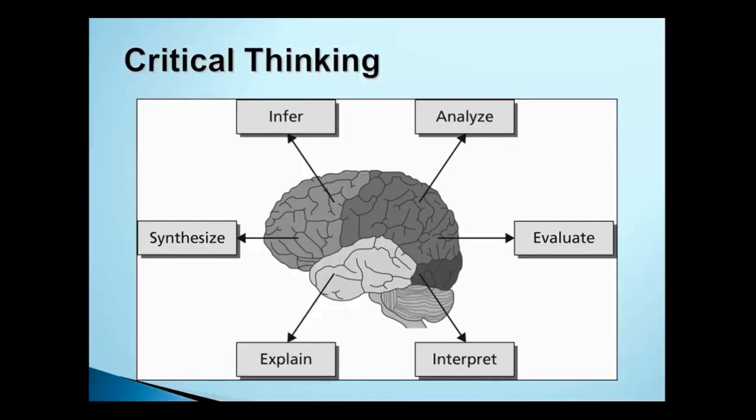Being able to make inferences about the information, being able to analyze the information, evaluate it for its effectiveness, interpret the information, say, yes, this means this, and it doesn't mean this, this will fit our needs this way. And then being able to explain the information as well, and that goes again to the communication of the information to others, so explaining it to others, and then synthesizing the information as well, so making sense of it as it is presented to us.